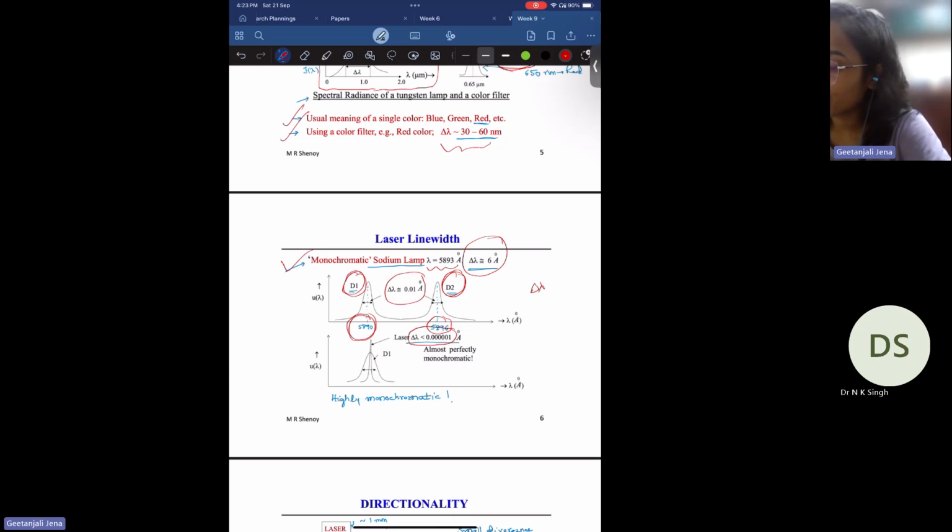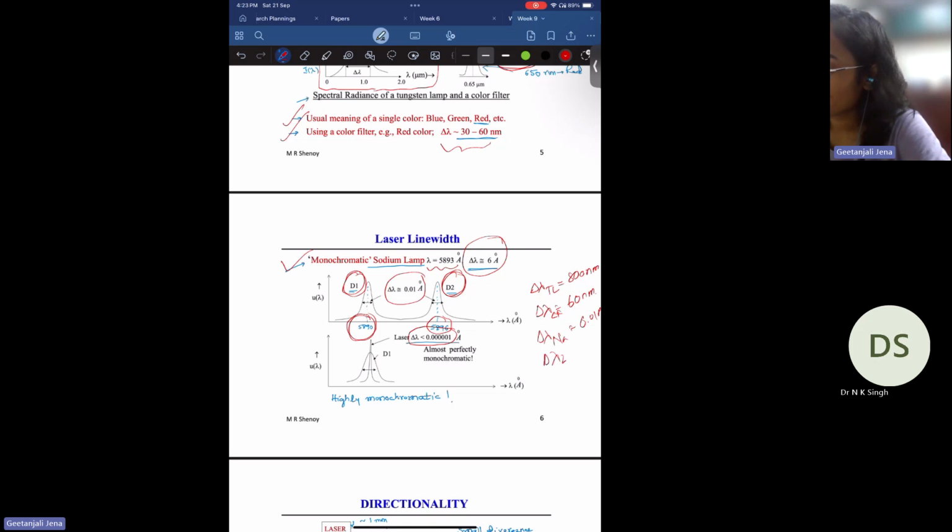The delta lambda of a tungsten lamp, which we use in day-to-day life, is around 800 nanometers. For a color filter, it is around 60 nanometers. If you use sodium, it is around 0.01 angstrom.